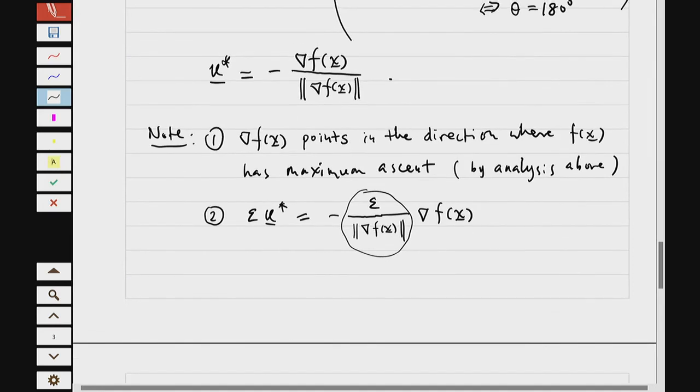So the magnitude of the gradient can be absorbed, and we usually do it into epsilon, so that we have a cleaner form to just say a constant factor multiplying the opposite direction of the gradient. Okay.